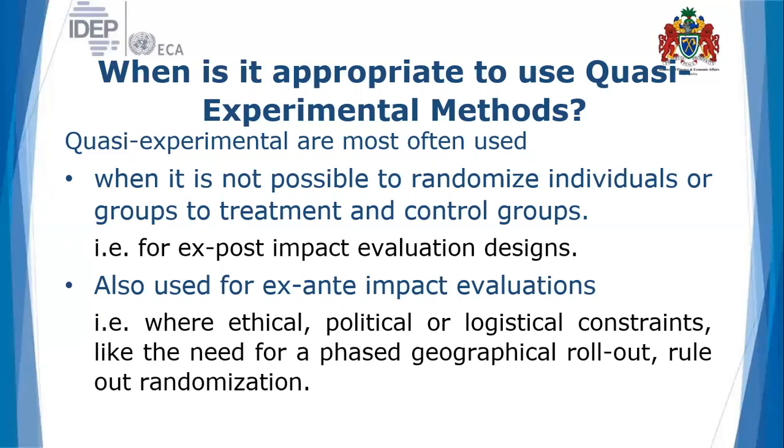Or they are also used for ex-ante impact evaluations. For example, where ethical or political or logistical challenges, constraints, like the need for a phased geographical rollout, rule out or do not permit randomization. So in such circumstances, quasi-experimental designs can be used.